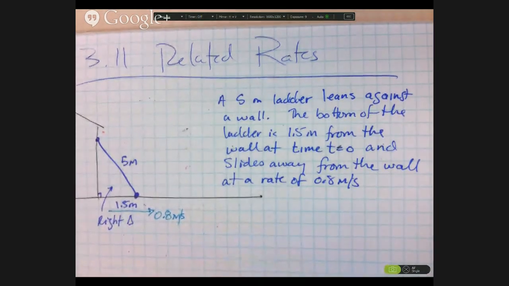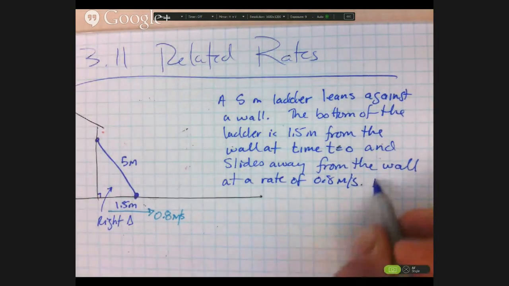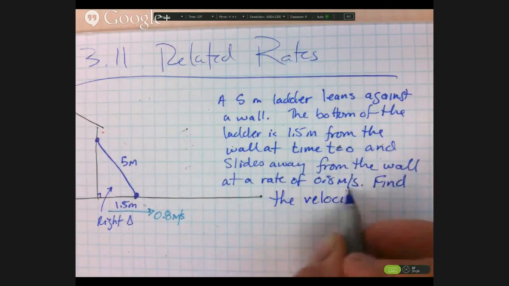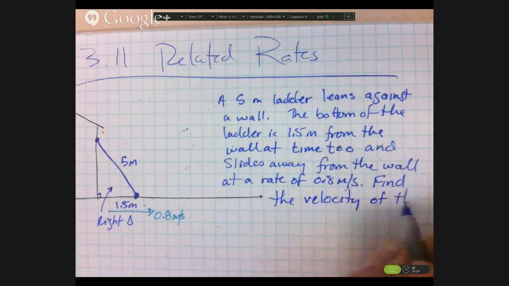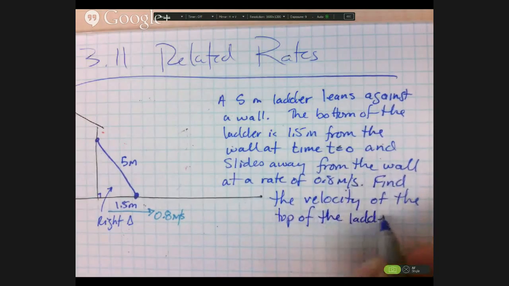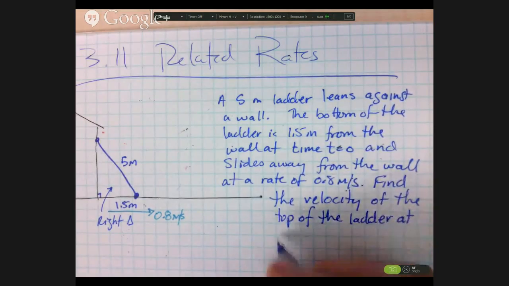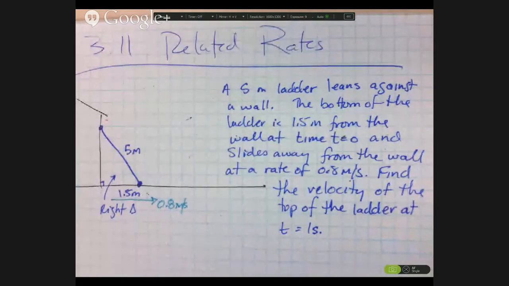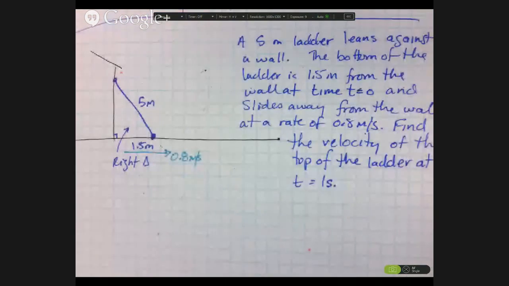So somebody's going to get hurt, right? Find the velocity of the top of the ladder at t equals 1 second. Okay, that's our information.